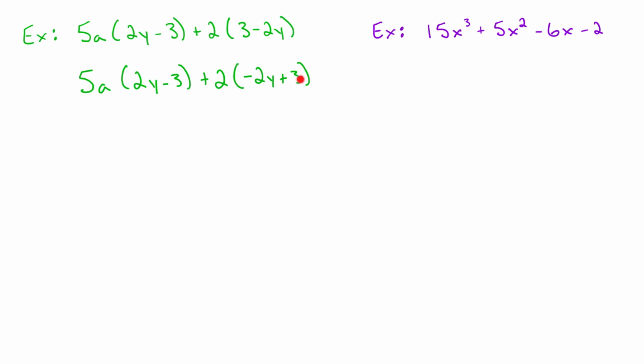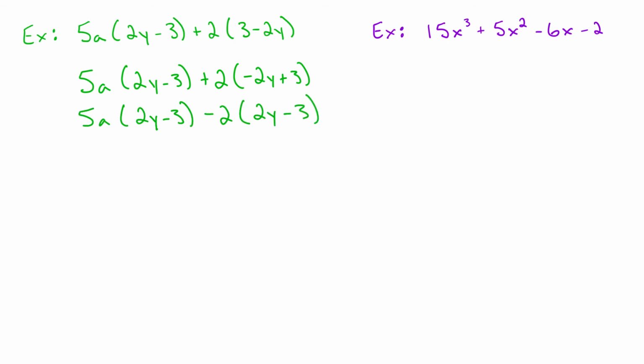I can turn this negative 2y plus 3 into a positive 2y minus 3 if I factor out a negative. So it would become 5a times 2y minus 3 minus 2 times 2y minus 3.